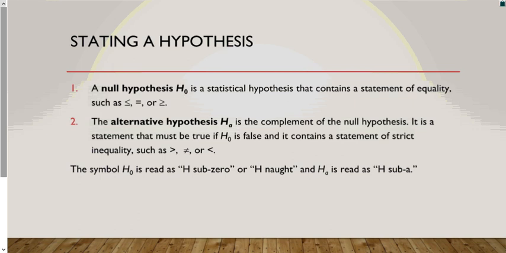So again, it's got to be very careful wording, and we're going to be very careful with our signs. If we use a less than or equal to sign on our null hypothesis, we can't use a greater than or equal to sign on the alternative. If we use less than or equal to, we have to use greater than. So you just gotta watch out so that these are exactly opposite.